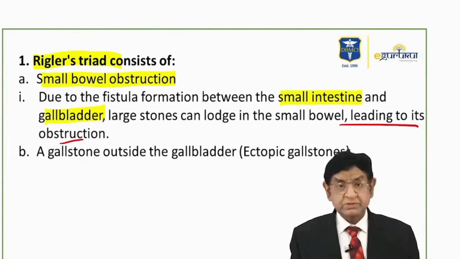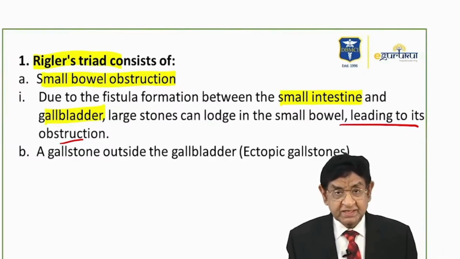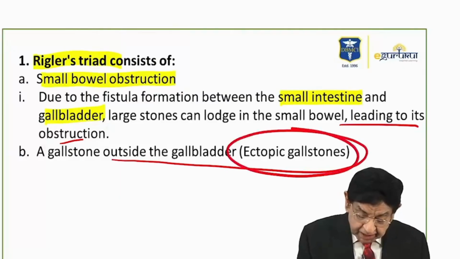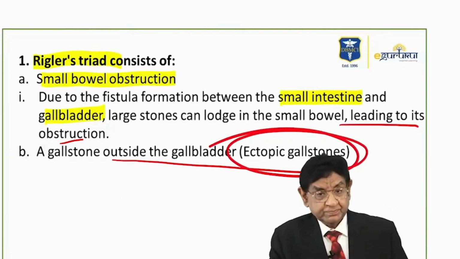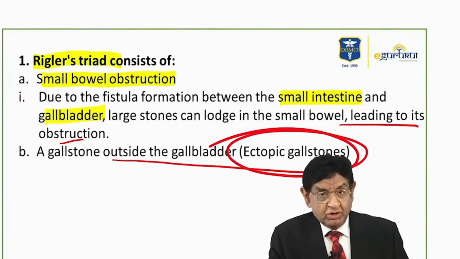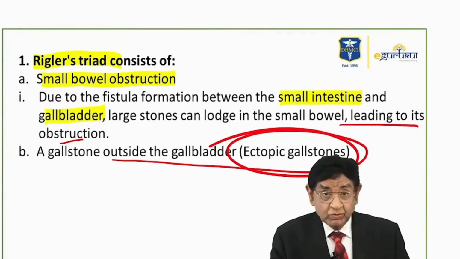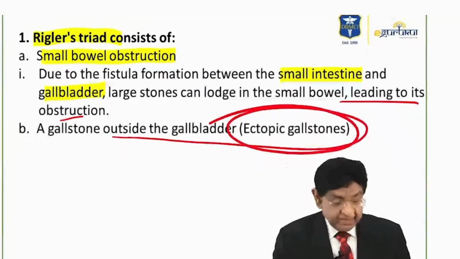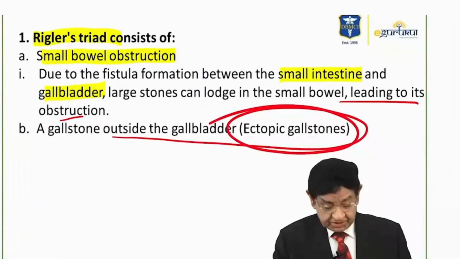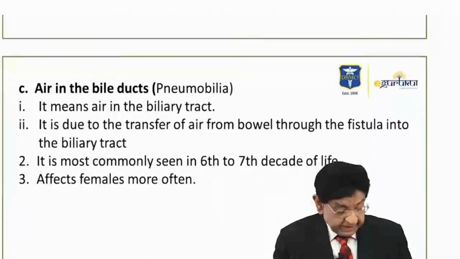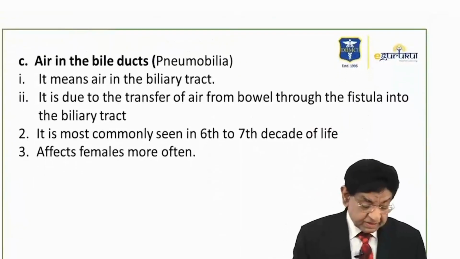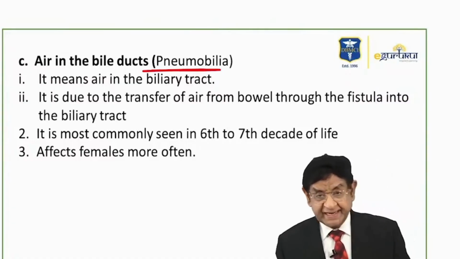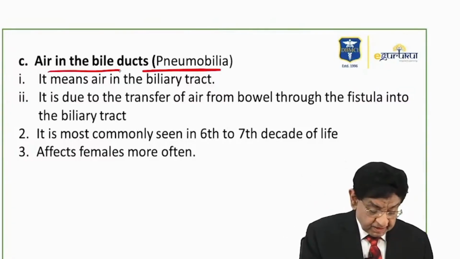Number 2, something very interesting, the stone can be even outside the gallbladder, an ectopic gallstone. It has gone out. Anyway, remember ectopic gallstone. And air in the bile duct, so-called pneumobilia. Air in the bile duct.